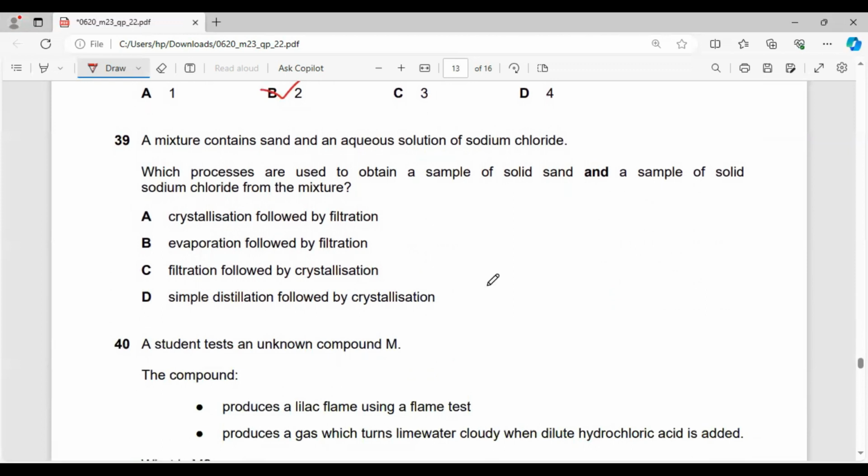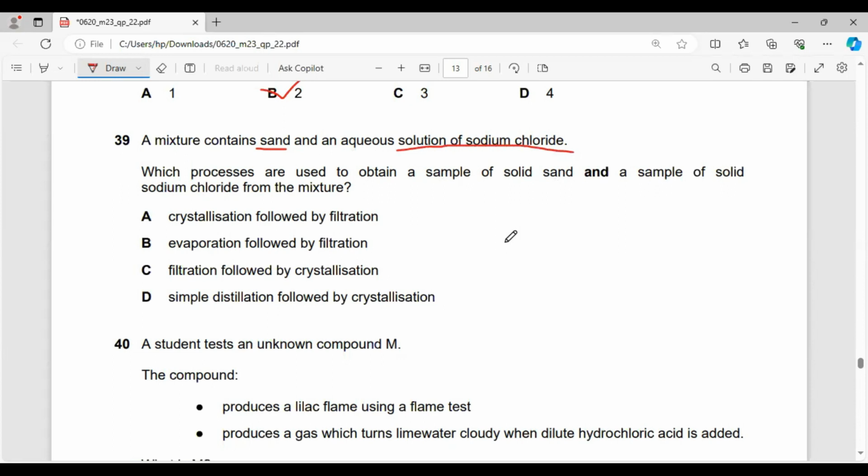A mixture contains sand and an aqueous solution of sodium chloride. Which processes are used to obtain a sample of solid sand and a sample of solid sodium chloride from the mixture? Now, as they have mentioned, it is a mixture of sand and aqueous sodium chloride.